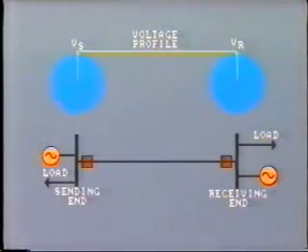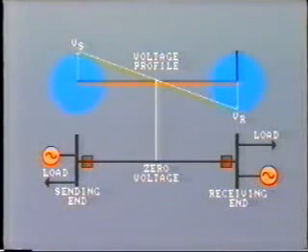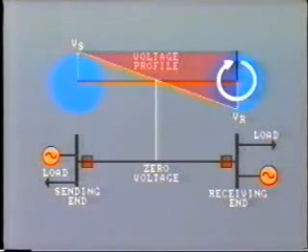The voltage all the way along the line will be approximately the same. However, if the receiving end voltage advances to 180 degrees, the voltage profile along the line looks like this. At the electrical center of the line, the voltage is 0. As the rotor angle changes, so does the voltage profile and the point of 0 voltage.